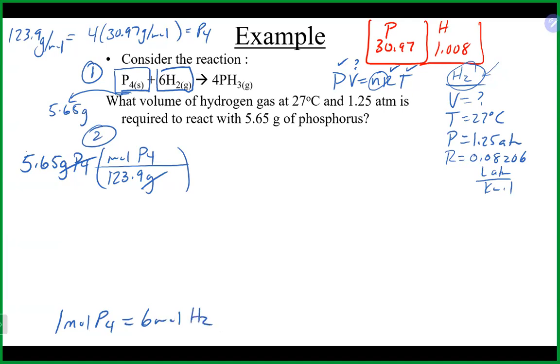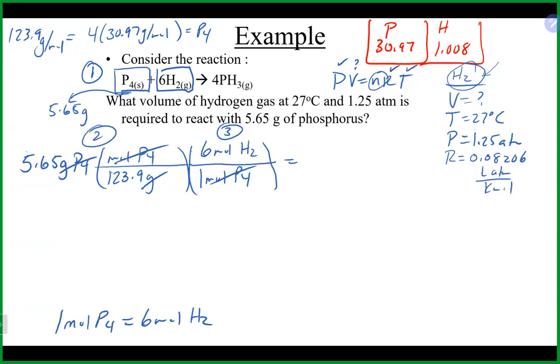We're going to use that as our third step in our stoichiometry problem. We're going to get rid of the P4, so 1 mole P4 on the bottom, 6 moles of H2 up on top, and that's going to cancel.